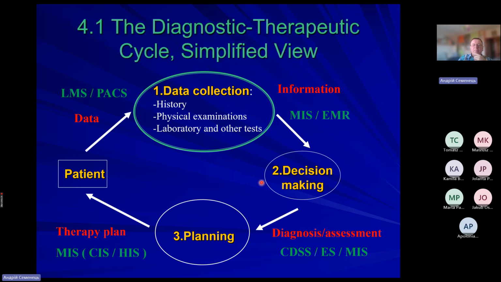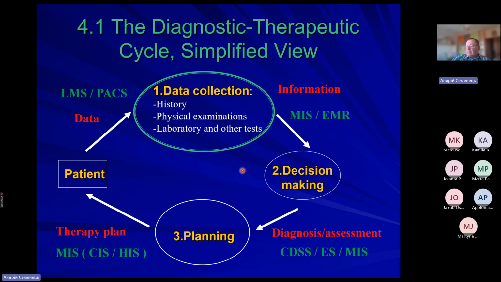So which kind of information system could help us with this? First of all, observing the patient, we can retrieve quite a number of data, and our capabilities to examine the patient only grow in recent decades with different laboratory information systems and picture archiving and communication systems.